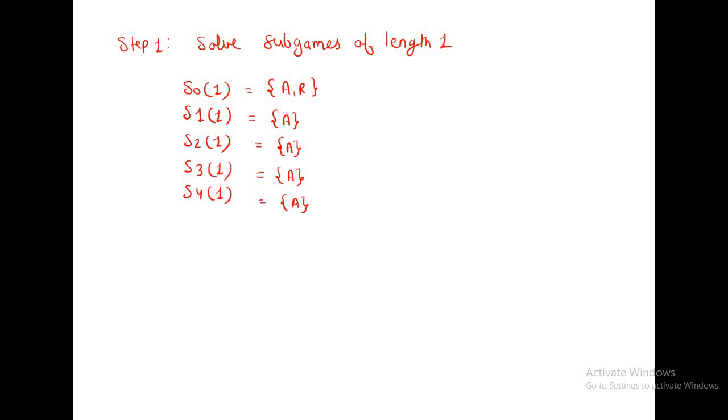Now what can be the strategy of player 2 here? If we make the combinations out of all this output, we can make two possible strategies for player 2. In this game at a time we need to consider only one action as the output of each subgame. So if I consider accept as an output, what can be the strategy of player 2? The strategy of player 2 can be accept, accept, accept, accept.